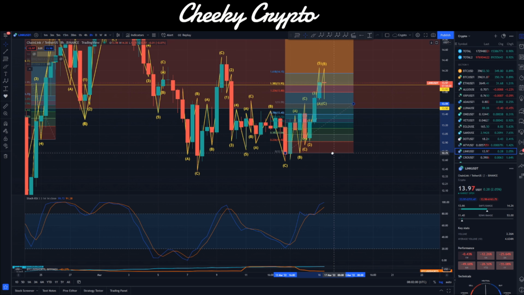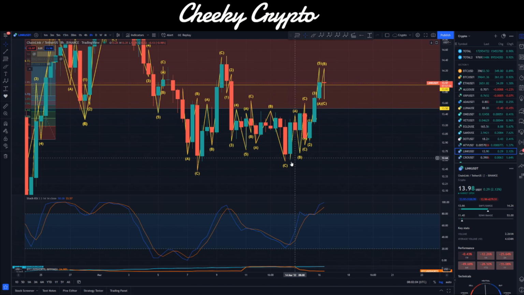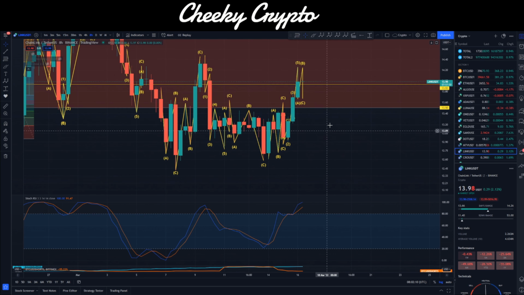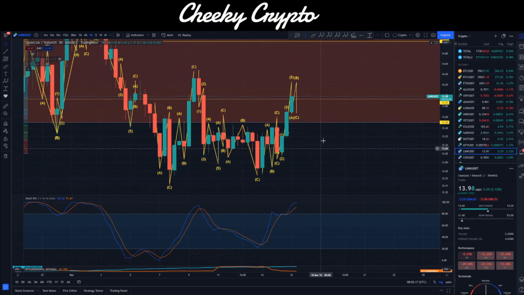So if we were to move that to there, you can see that we've gone past that. So on our 8-hour chart, this could be an impulsive move, and all we're looking for here is a fourth wave correction before we get a fifth wave in on our 8-hour chart, which would be really good to see how that one plays out. So interesting stuff there. Some kind of corrective move is going to be needed on our 8-hour chart.